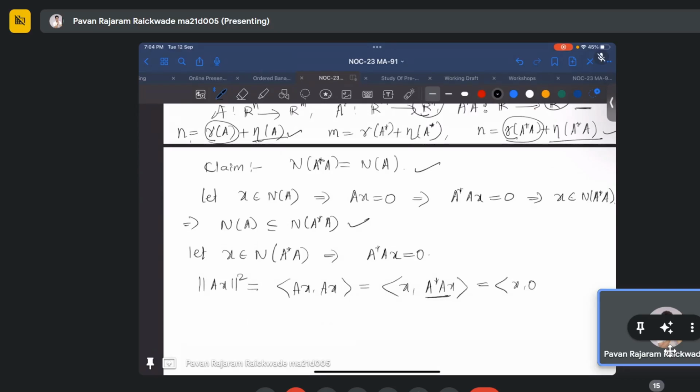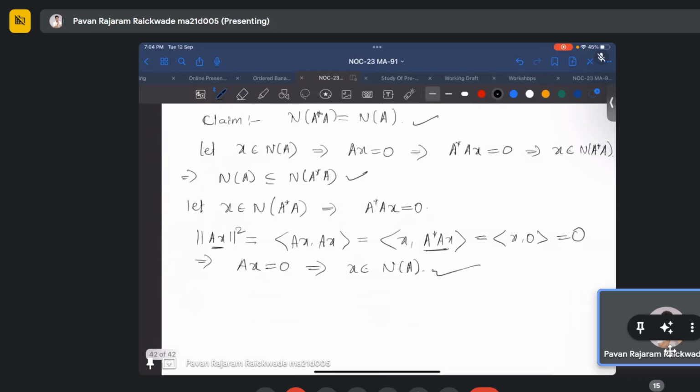The inner product of X with 0 is 0. Hence the norm of this element is 0, which implies the element is 0. But then this implies X is in the null space of A. So I started with an element in the null space of A star A and ended up with an element of the null space of A, which implies the null space of A star A is contained in the null space of A.